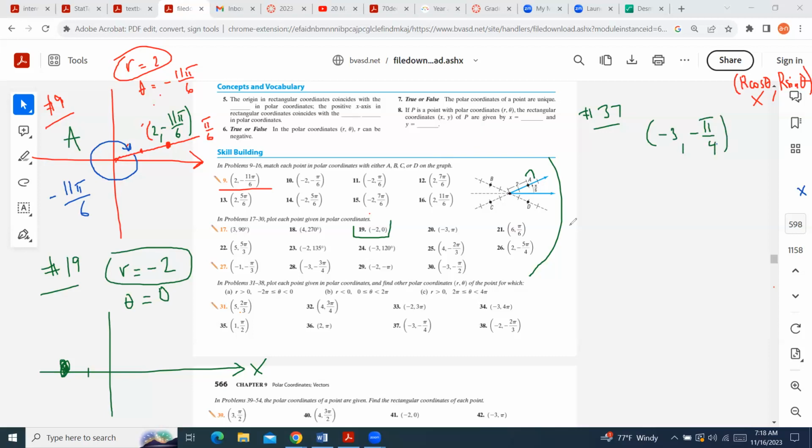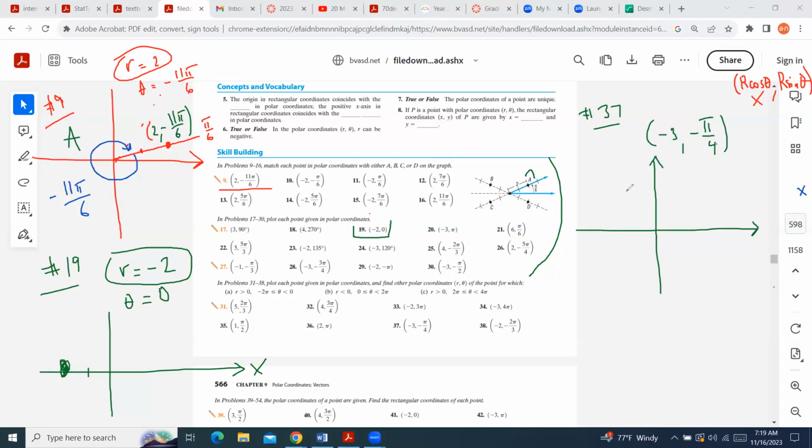What they want is to plot each point and then produce other coordinates for which, so we want to produce 3 more parts. So first of all, they want me to plot this point. Okay, I can do this.